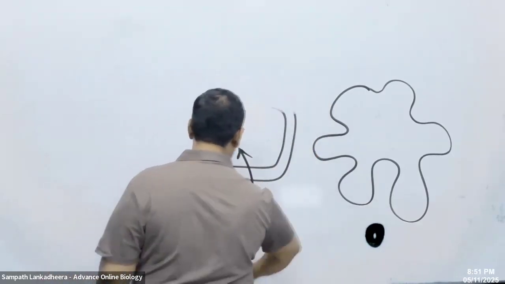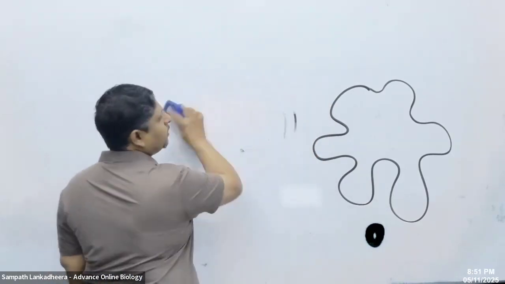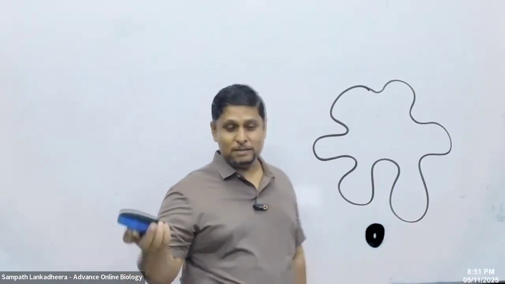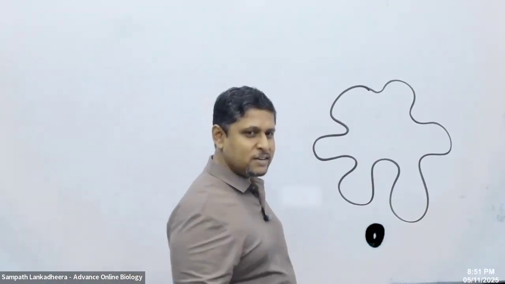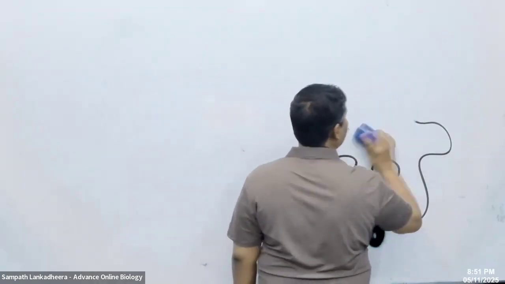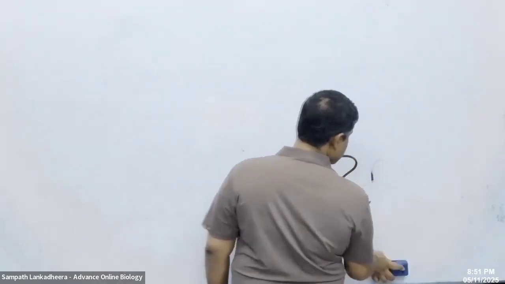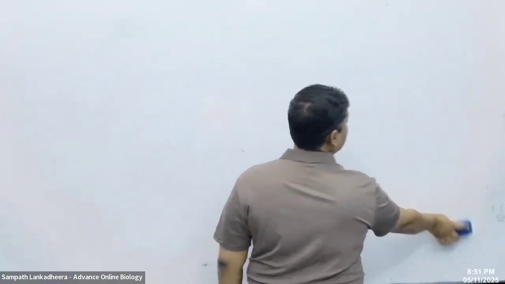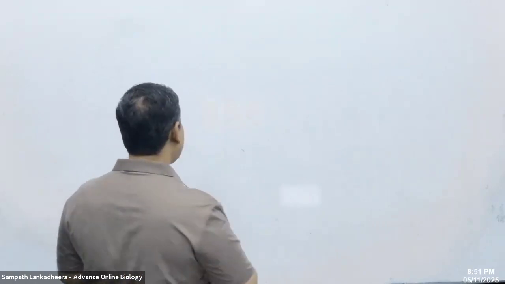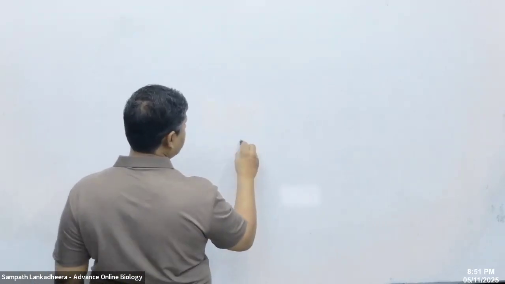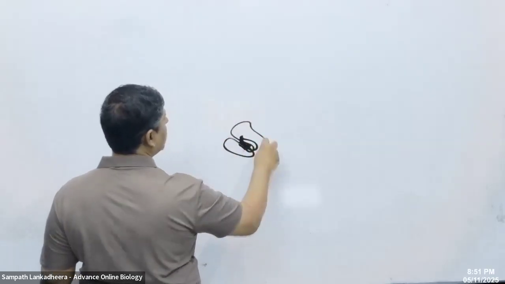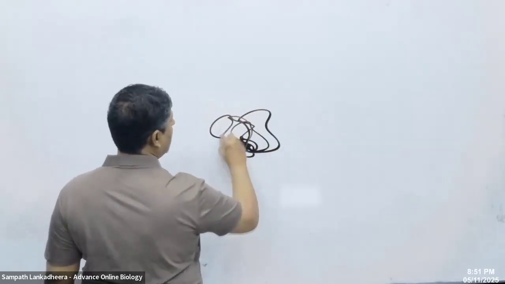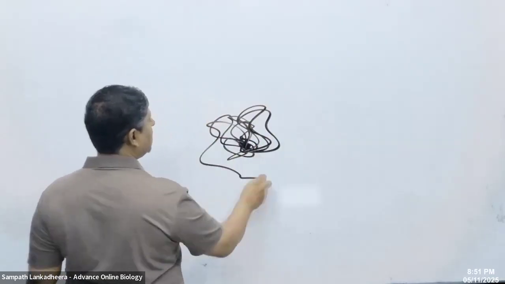I taught you earlier about fairy rings. Remember fairy rings? The fungi grow in the arena where the fairies come and dance. Why does that happen? Because when the fungal filaments grow outward, the central filaments die.